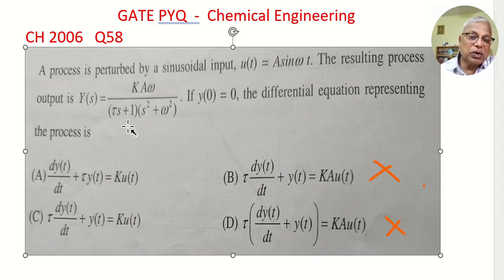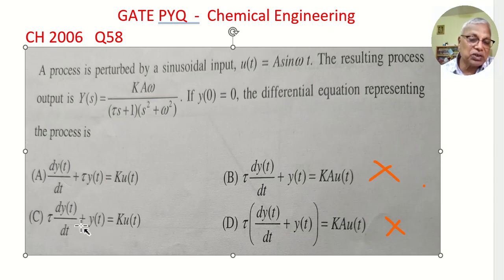Now we have to get τ into s. So which one will give us τs? If you consider this option C, if you take the Laplace transform, this will be s into Y(s). That is, the coefficient of s has τ. So this term, the Laplace transform is going to give me s into Y(s) with coefficient τ. And this is Y(s).